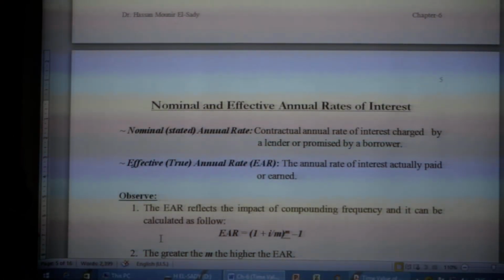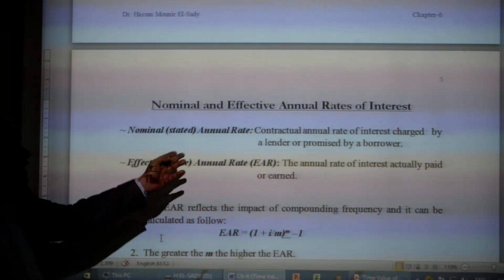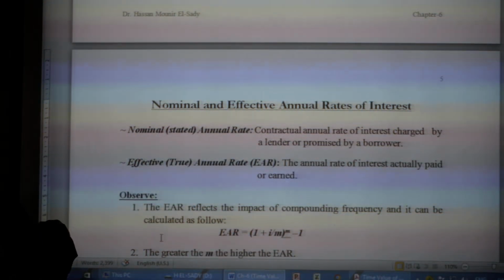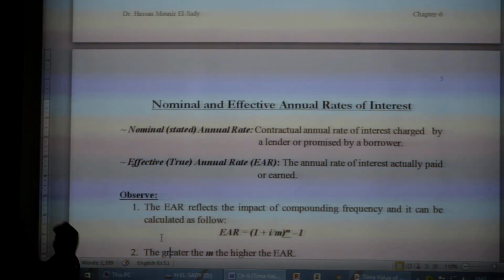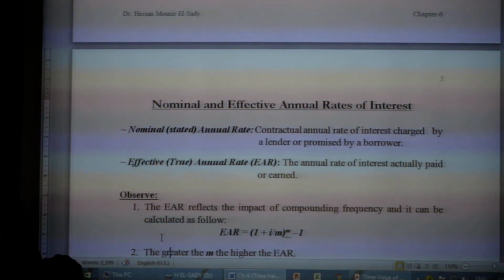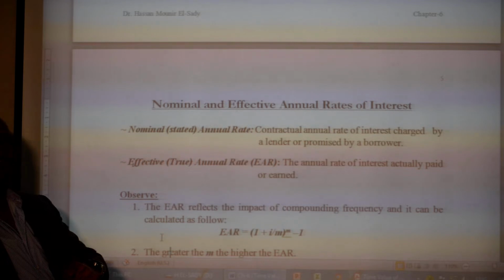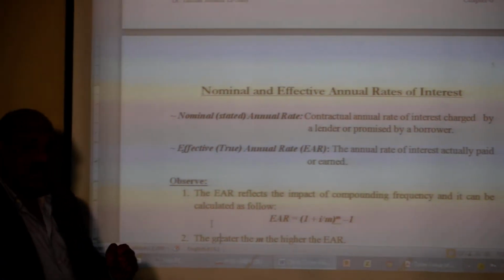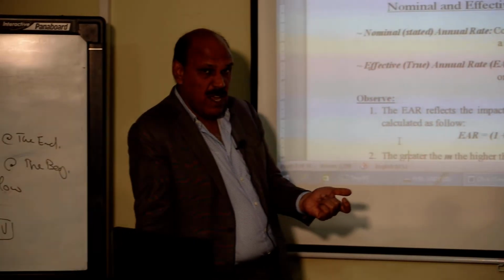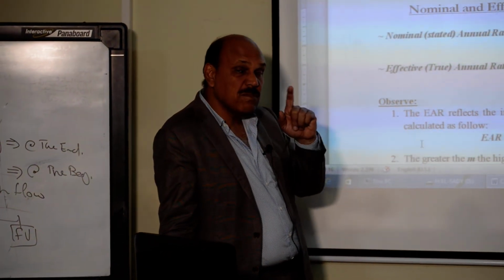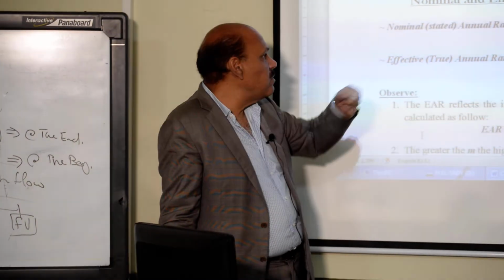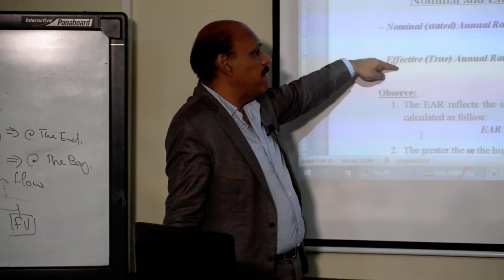Okay, nominal interest rate or stated annual interest rate. This is the interest rate written in the contract between you and the bank that you are going to receive 12% annually. But how is this going to be paid? Annually, semi-annually, quarterly, monthly, or what? If you are going to receive it more than once per year, it means you are going to go from nominal to effective.